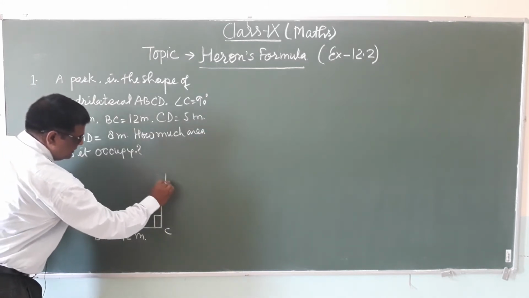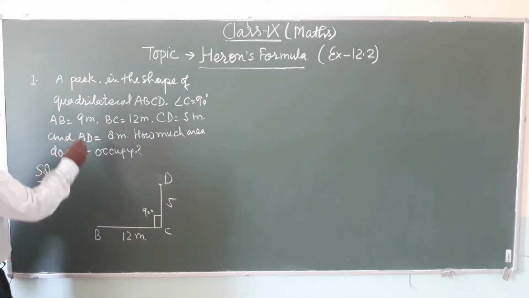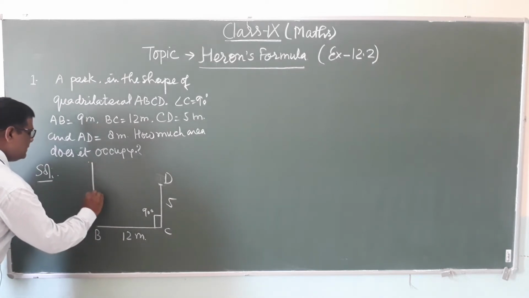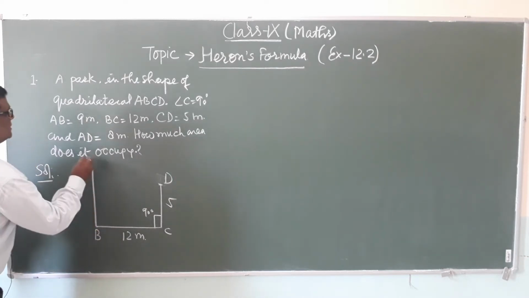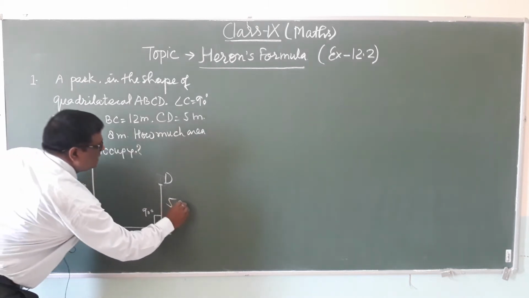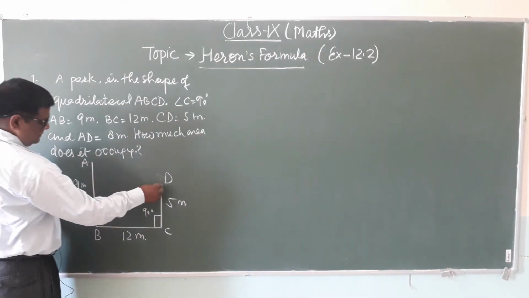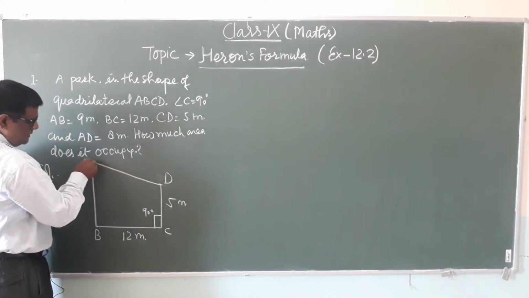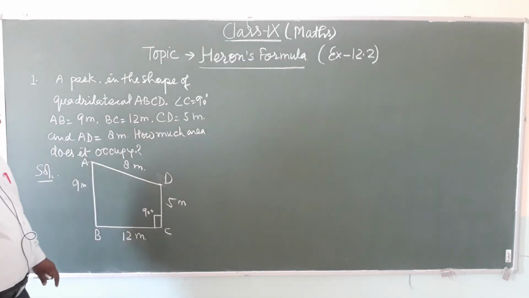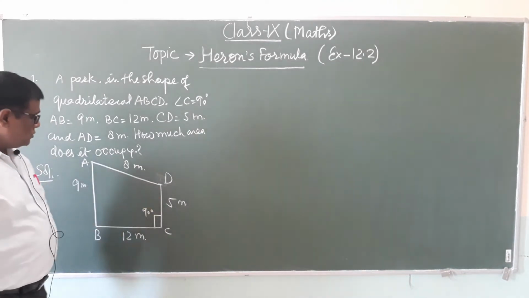Now take D, that is CD 5 meter, and AD is 8, take this AD as 8 meter. In the figure angle BCD is 90 degrees, so join BD.